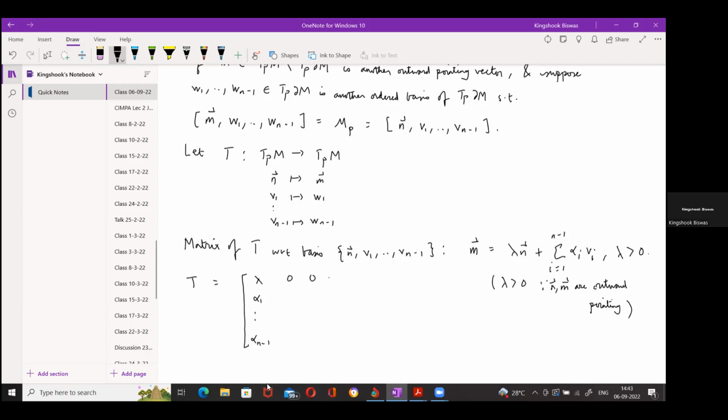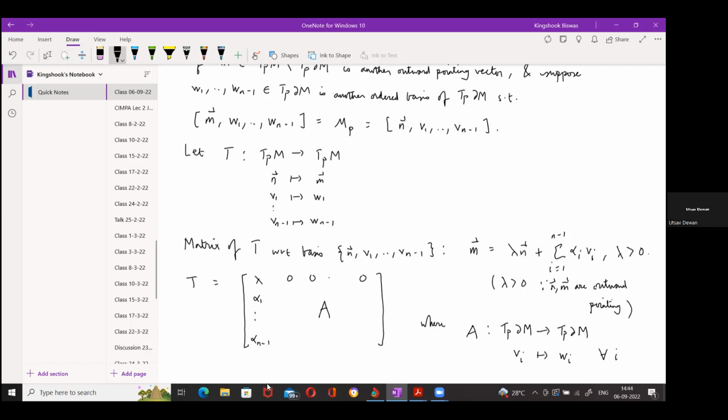And here I'll have a matrix A, where A is the matrix which goes from TP boundary M to TP boundary M and sends vi to wi for all i. Is this clear?